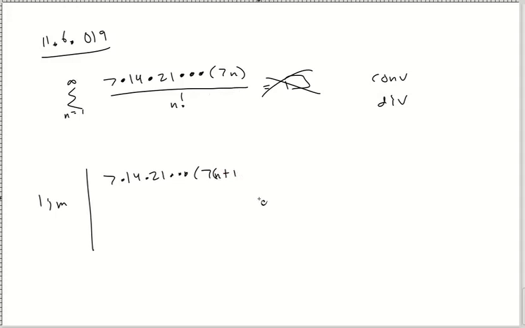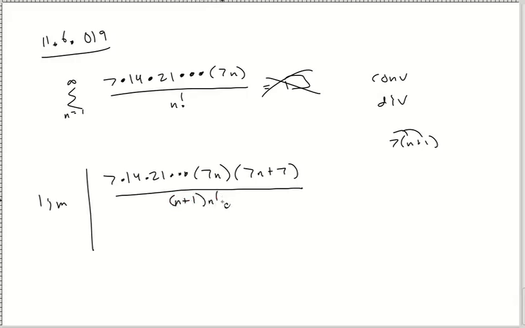In fact, I'm going to leave the current term and then the next term. And what I'm going to do is distribute that 7 automatically. So again, I had this, and I just said, let's distribute, so it's a little bit faster. And the same in the bottom, I know that's n plus 1 factorial, so it's an n plus 1 and then an n factorial, just like the previous problems we've done before.